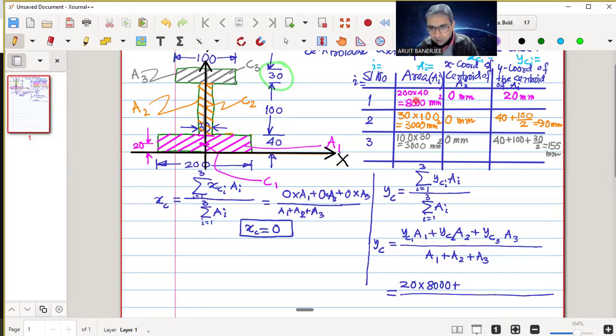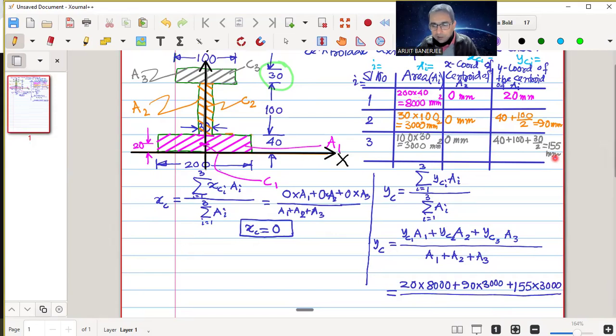This orange colored, 90 multiplied by 3,000, plus the third one, 155. Please be ready with a calculator. 3,000.